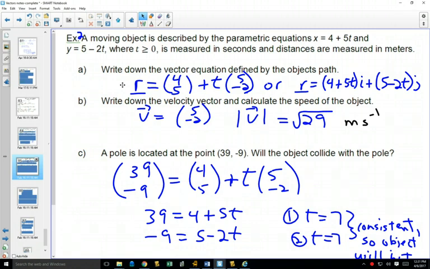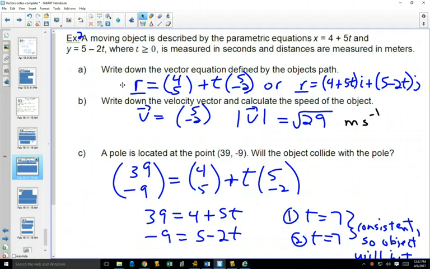So you set up your parametric equations for your x and your y coordinates, and when you set up your parametric equation, you can just solve for t. When I solve for t in the first one, move the 4 over and divide by 5, I get t is equal to 7.